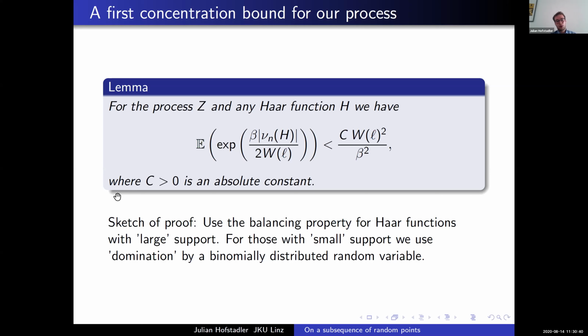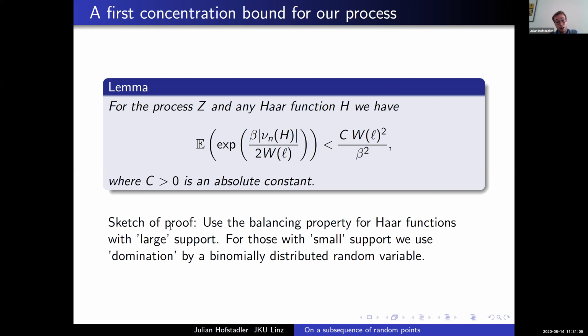So how would one prove this lemma? If we consider half functions with large support, so what do I mean by large? Large somehow depends on how large n is. Then we use the balancing property, so in particular the concentration property for balancing processes, which I gave you on the last slide.